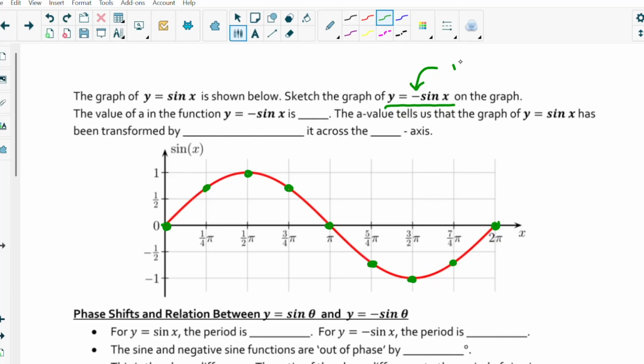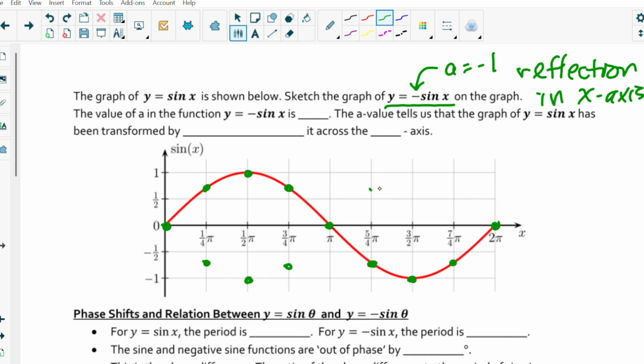Well, this is a equals -1, so that's a reflection in the x-axis. So when I reflect it across, there we go. Okay, and then let's connect the dots here. There we are.